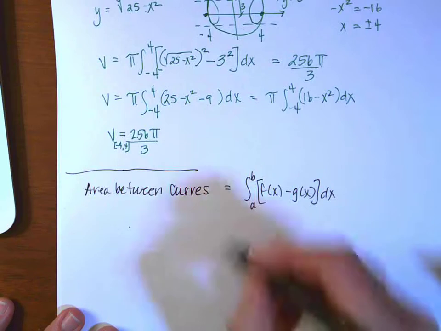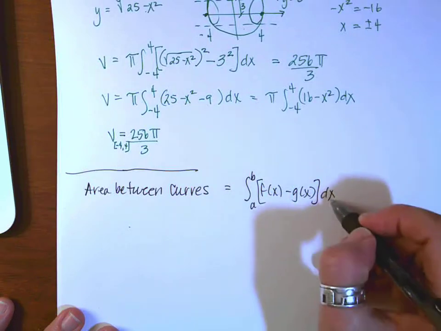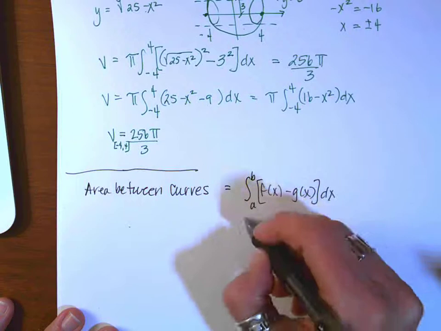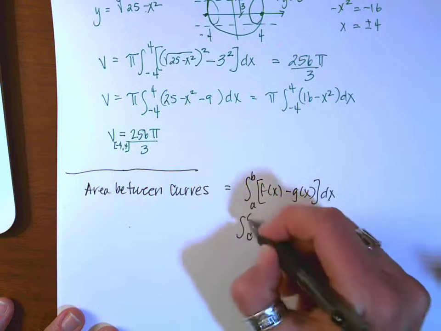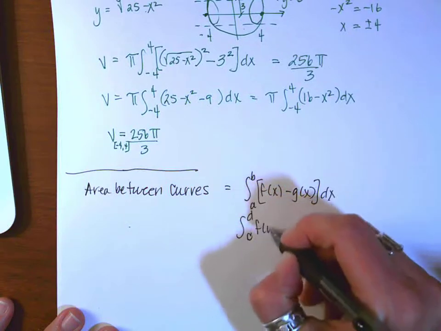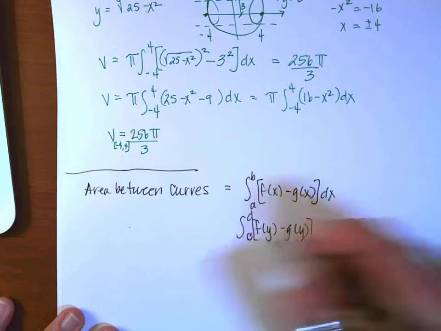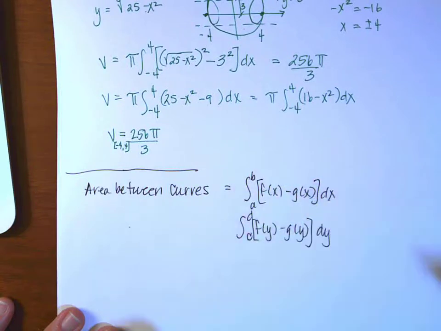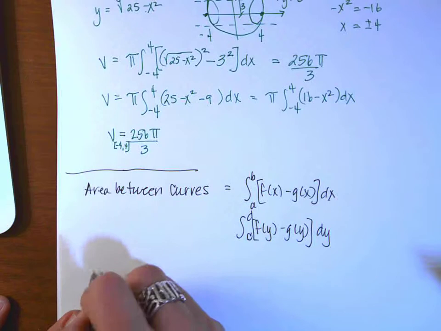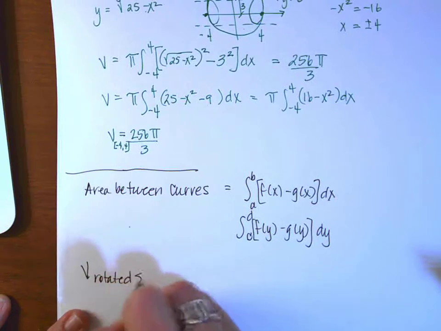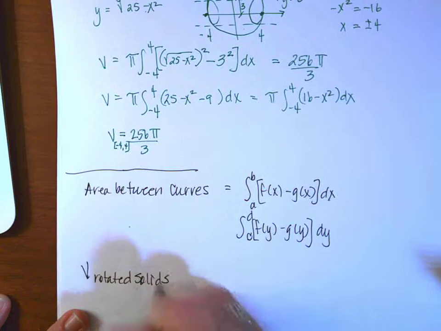I could also evaluate it from right to left, and I could evaluate it with my rectangle being a dy. So I could evaluate from c to d of f of y minus g of y dy. And it just depends on the orientation of the curves which particular method you would use. So then we started talking about the volumes of our rotated solids.